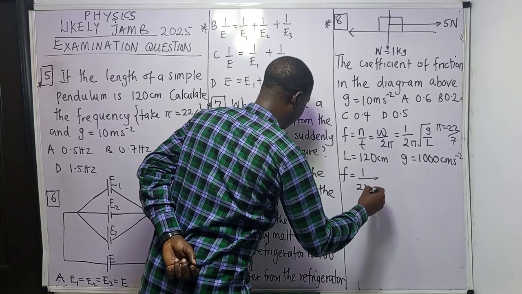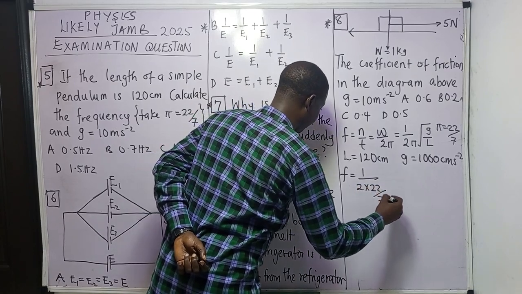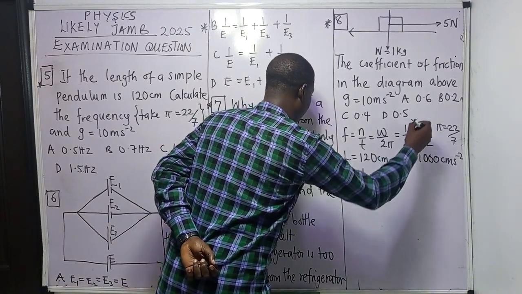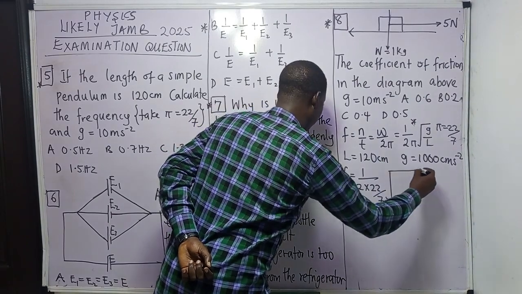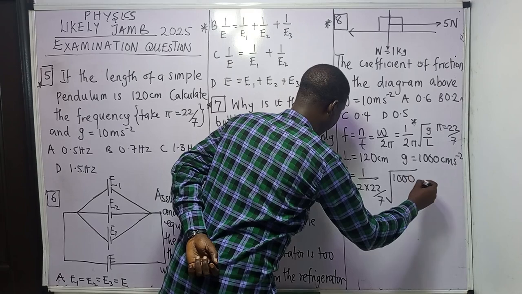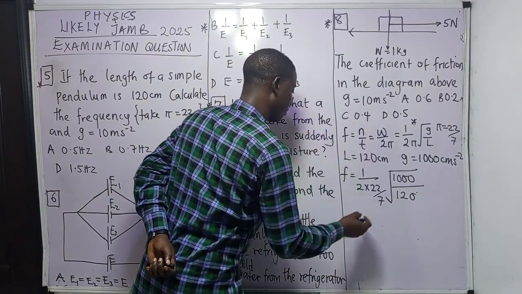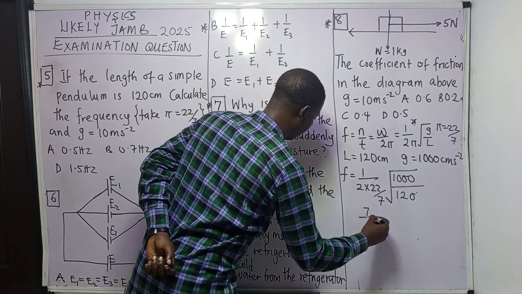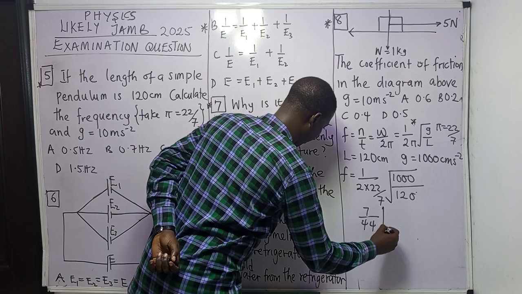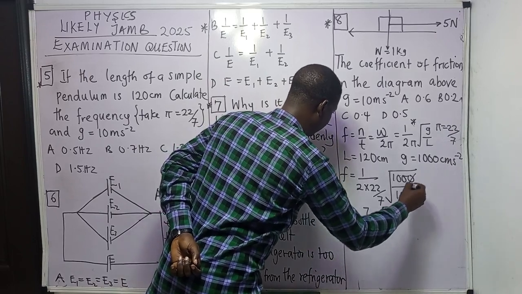So I would have 1 over 2 times 22 over 7. We are using this formula. Square root of 1,000 divided by 120. Now, this 7 will go up as 7 over 44, square root of what?